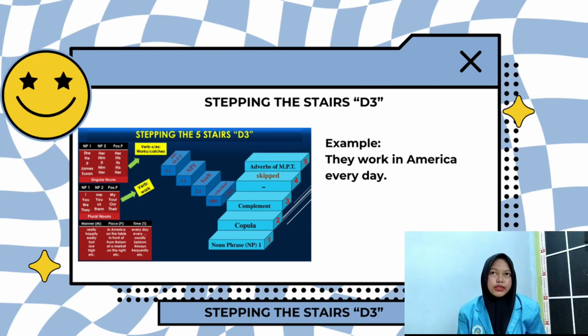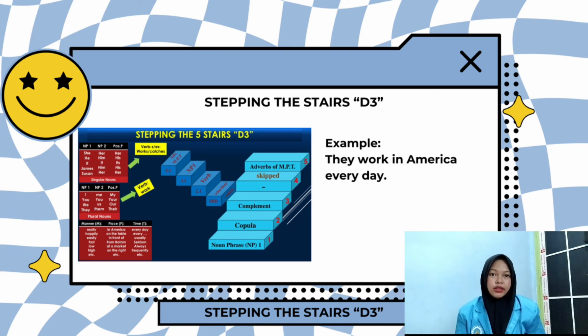Thank you. So I'm going to explain the first slide about the verbal sentences. These are sentences that use action verbs like work, eat, or run. This method uses 5 steps or stairs to build a sentence. One is NP1.